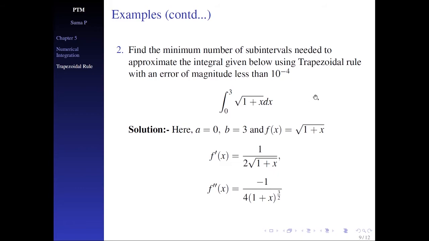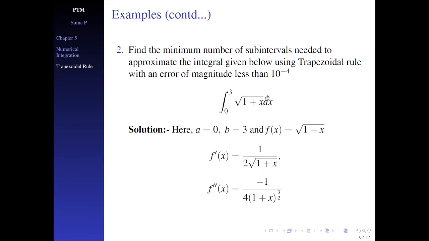Okay. Now consider another example. Another type of example: find the minimum number of subintervals needed to approximate the integral given below using this trapezoidal rule, given that the magnitude of the error is less than 10 raised to minus 4. That means the integral 0 to 3 root of 1 plus x dx.